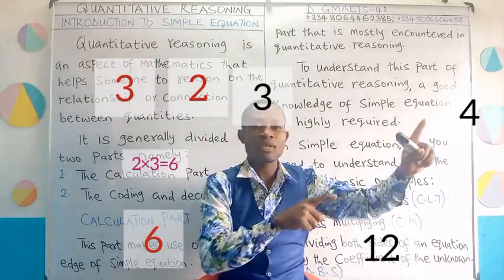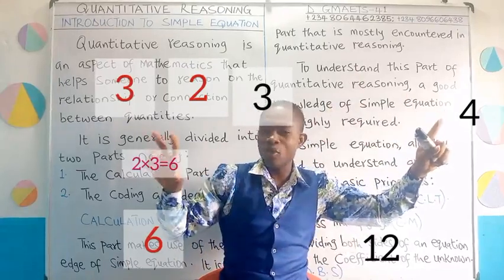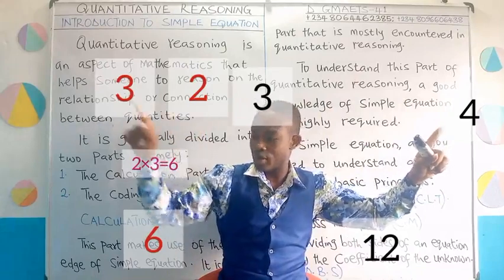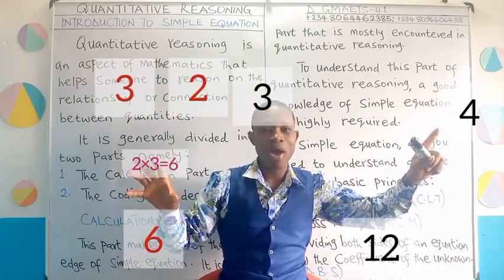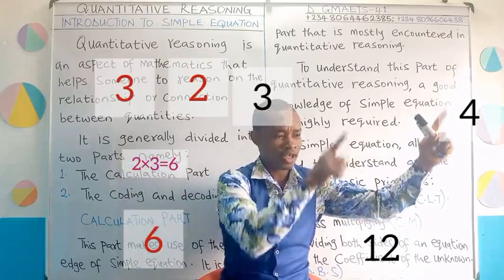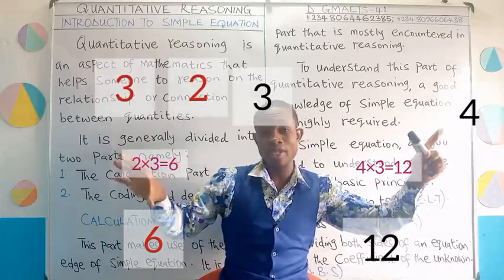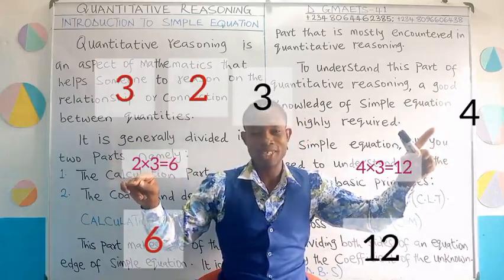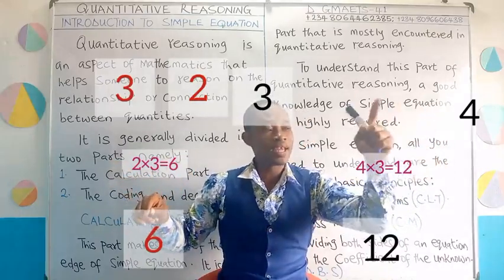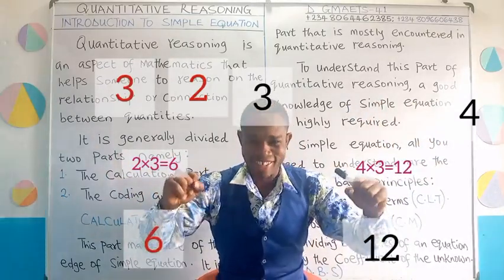If you come to the second sample, where you had 4, 3, 12, the way you read the first sample is 2 times 3 equal to 6. You come to the second sample and check 4, 3, 12. Okay, if I do 4 times 3, will it give me 12? Because that's the way I went about the first sample. So if I do 4 times 3 equal to 12, I would now jump up and say, yes, I've gotten it.